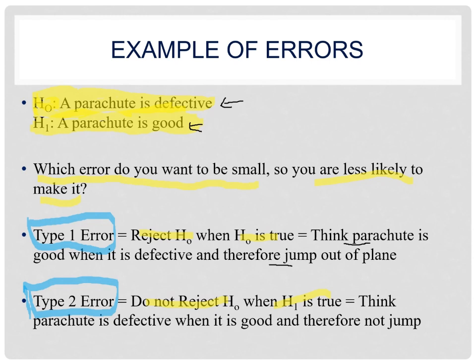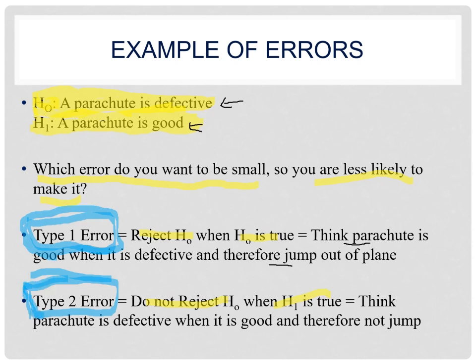So if someone was trying to conduct testing with these two errors, they would likely say, you know what, we need to reduce type 1 error as much as we can. We need to do extra testing. We need to have extra checkpoints. We need to make sure that this type 1 error doesn't happen. Even if by reducing type 1, we increase type 2, well, big deal.